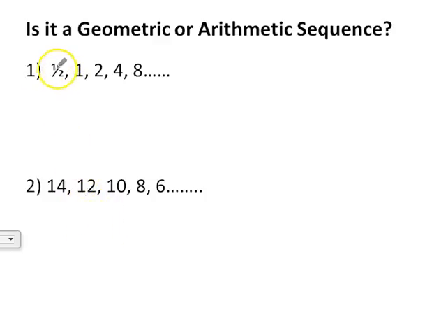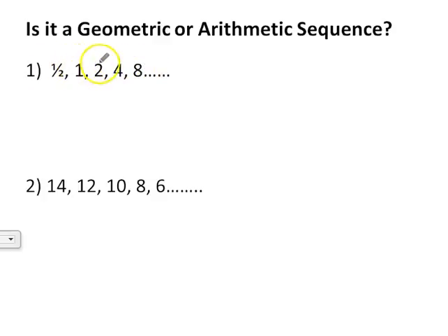So let's look at the first sequence. From 1/2 to 1 to 2 to 4 to 8, do we see a pattern? Are we increasing or are we decreasing? Let's ask ourselves that first. So here, I see we're increasing.